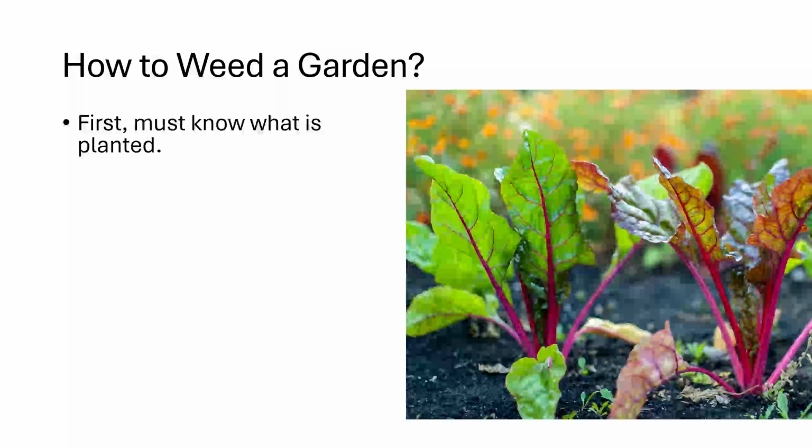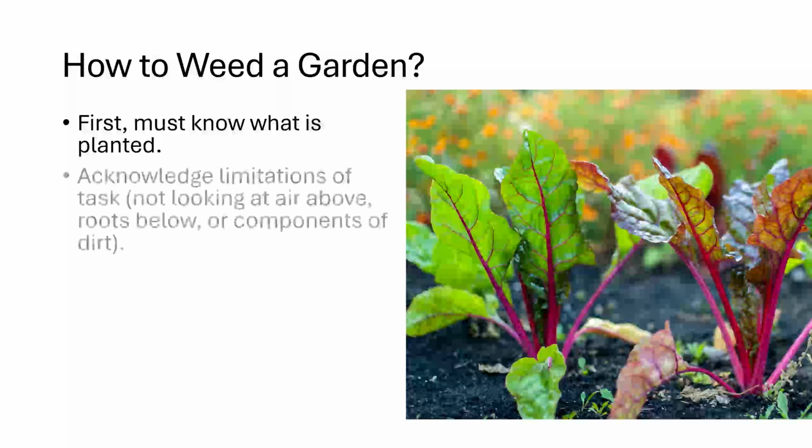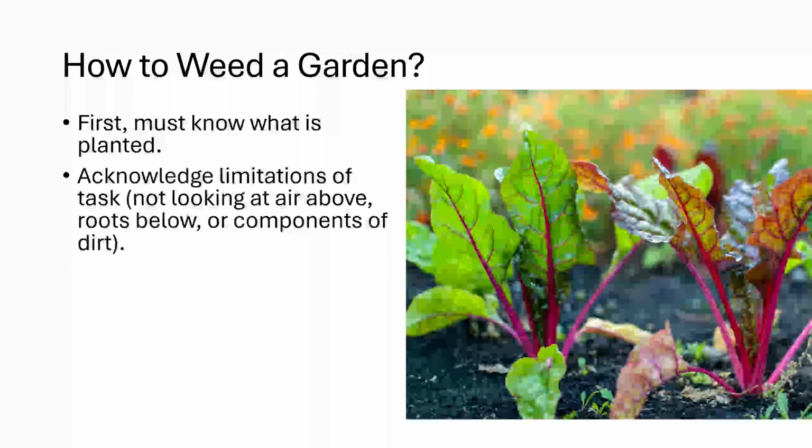First, you have to know what is planted. To weed a garden, you want to make sure that you don't pull up the things that are supposed to be there. Second, you have to acknowledge the limitations of your task. When you're weeding a garden, you're not paying attention to the air above or the roots below necessarily, or the components of the dirt.